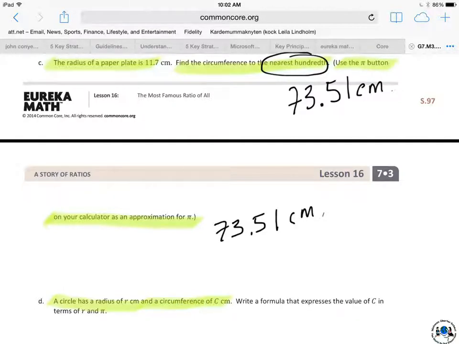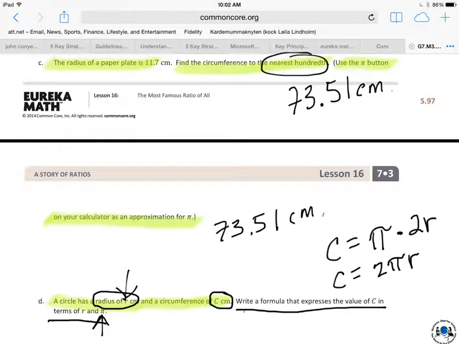Write a formula that expresses the value of c in terms of r and pi, of course. Okay? So go ahead and give that a whirl and come on back and let's see what you got.